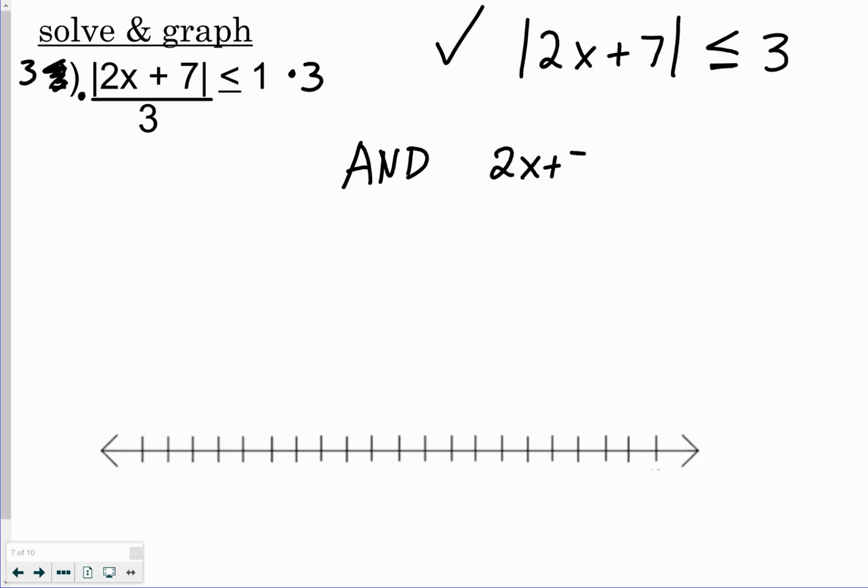So 2x plus 7 is less than or equal to 3. What's the left side going to become? Very good. You change the inequality symbol, and the number becomes the opposite as well. Always. For always and forever.